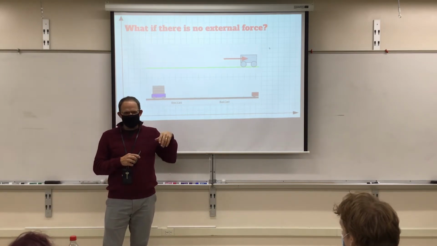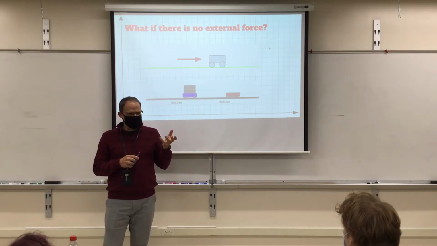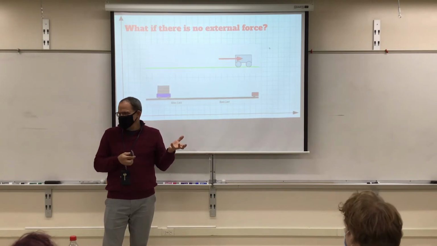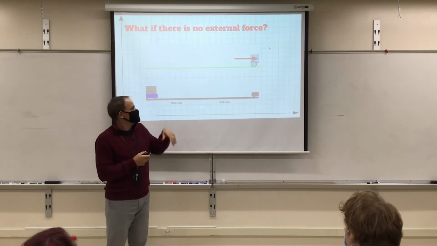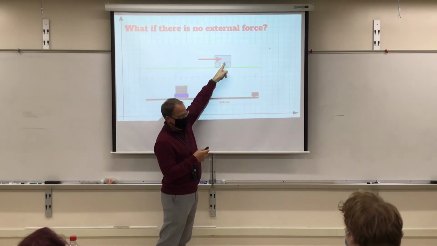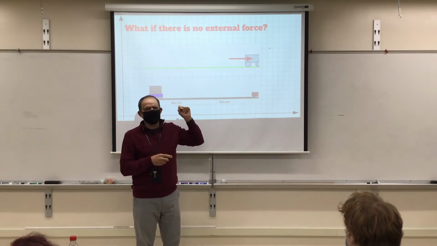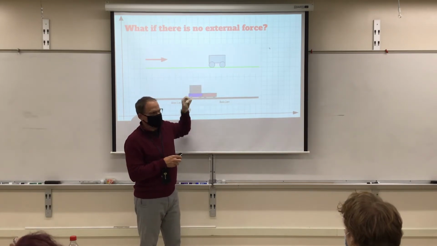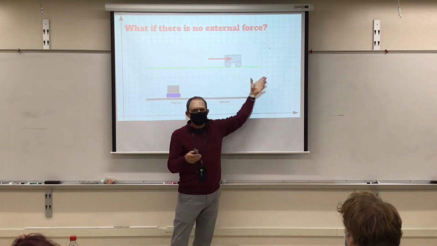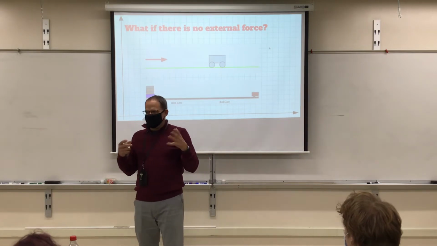And a change in speed is an acceleration. And what causes acceleration? Force. So there must be a force if it changes speed. So is there a force on the arrow during the collision? Yes. The cart is pushing back on it. Now, is there a force on the cart? Yes. It's sitting still, and now it's moving. There must have been a force on it. So there's forces involved in the collision.